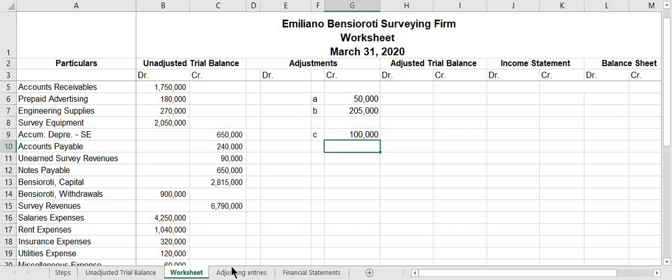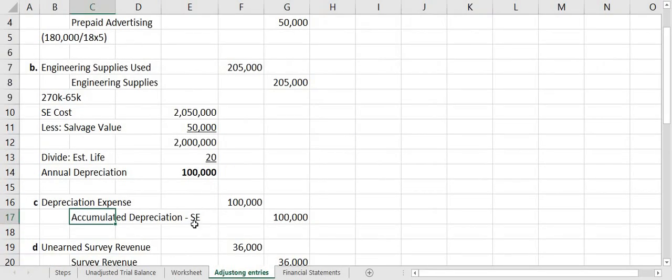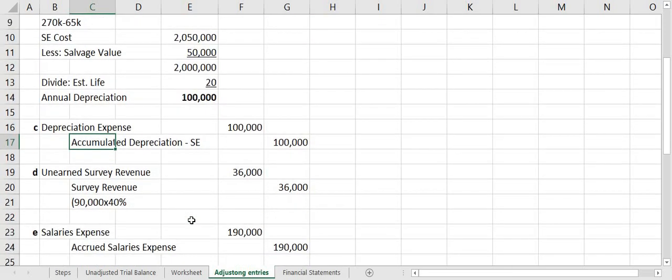Now, let's proceed with adjusting entry letter D. Debit unearned survey revenue, credit survey revenue. So as you can see, this is a realization of an unearned revenue.